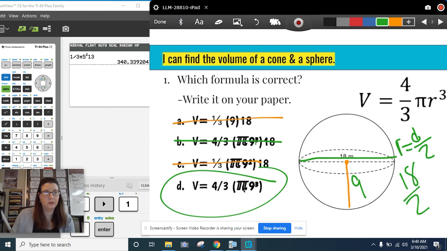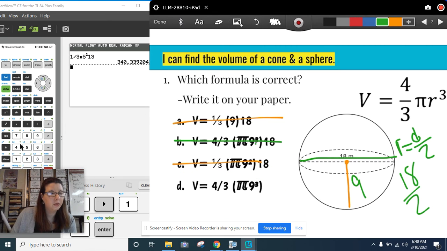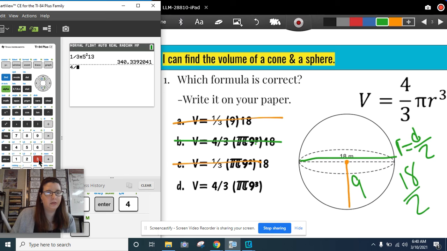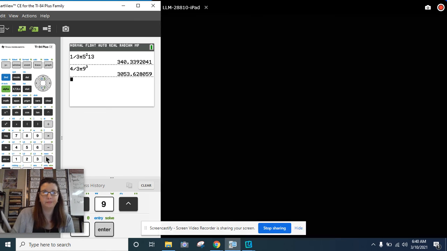And let's plug this into our calculator to see what our answer is. I type in 4 divided by 3, and then I use the number pi, and then 9, and I need this third, so I press the up arrow, 3, and I hit enter.